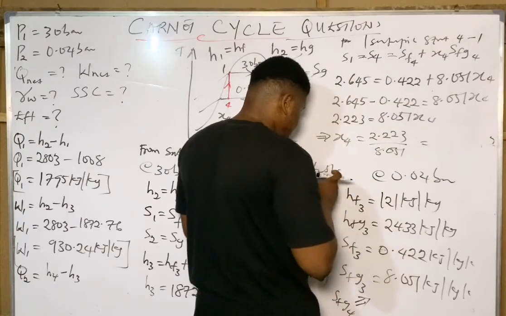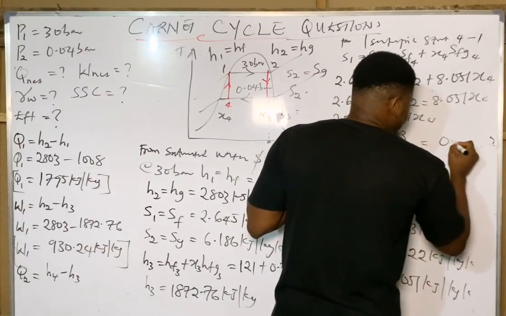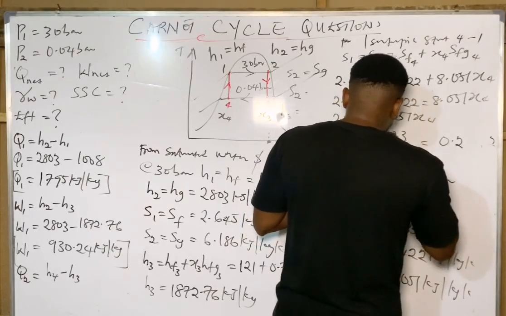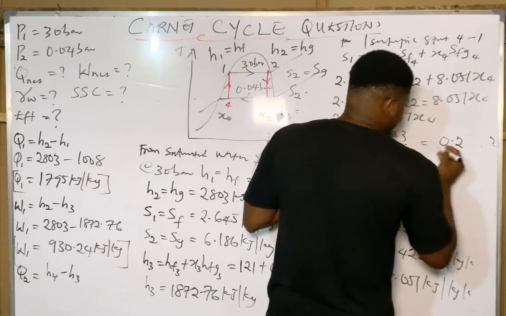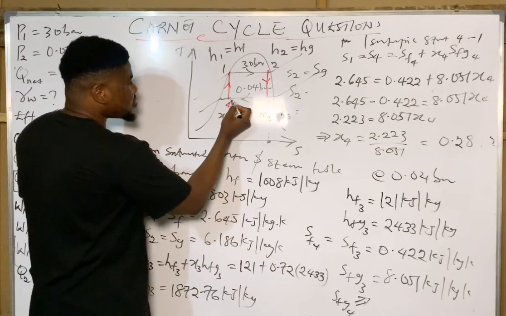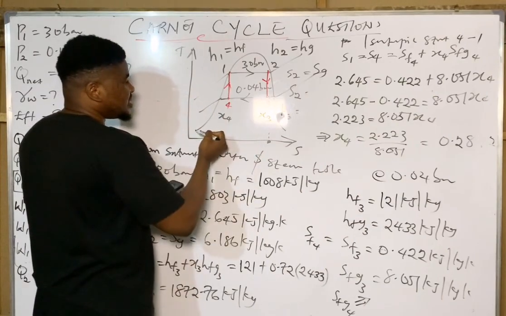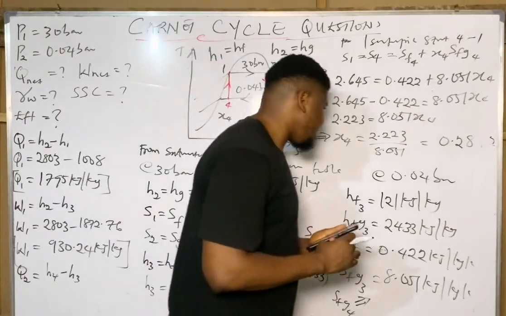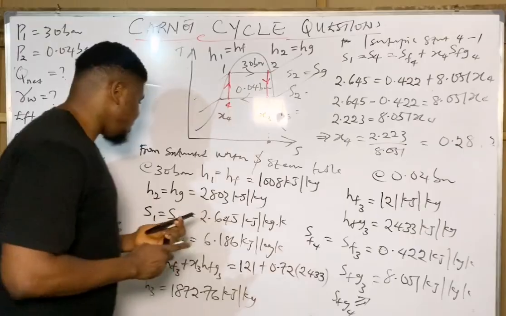So this gives us approximately 0.28, which is logically correct, because state 4 is almost at the liquid line, so it's supposed to be close to 0. So we have the dryness fraction at state 4.